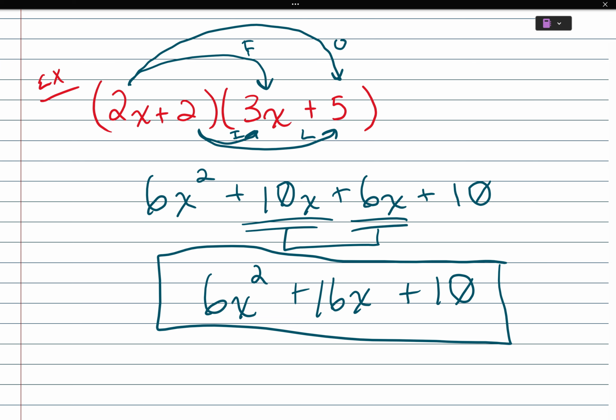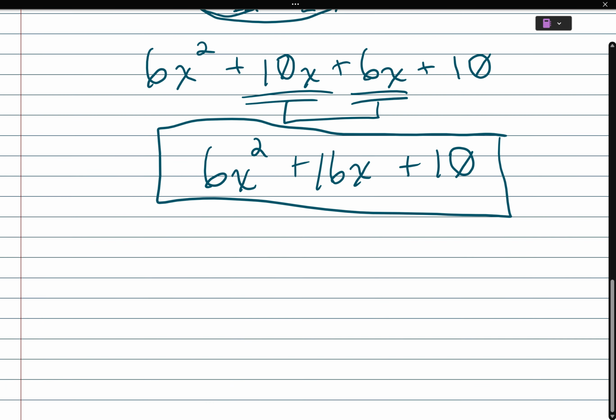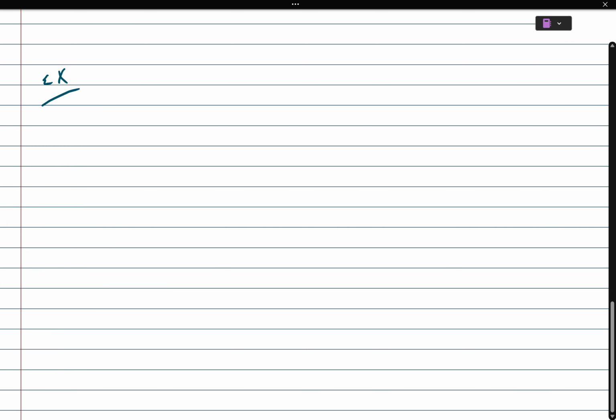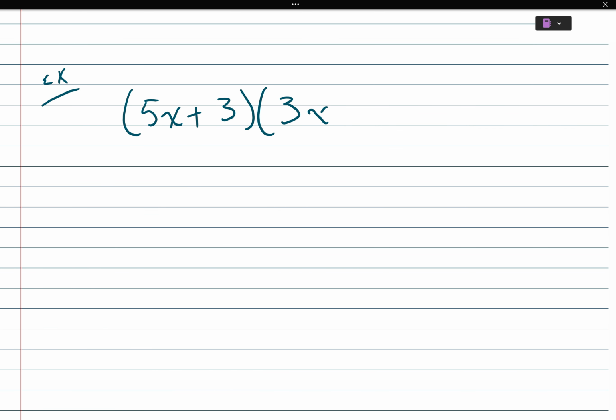Okay, we should try one more. Feel free to try this one on your own. Hit pause and then work through it and then unpause it and see if your answers match up with my answers. So let's try this one. We have 5x plus 3 times 3x plus 4.